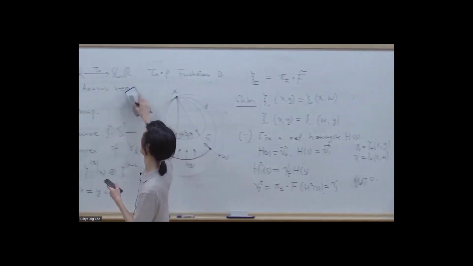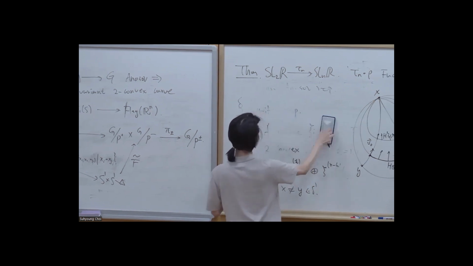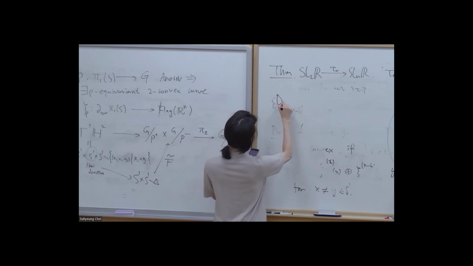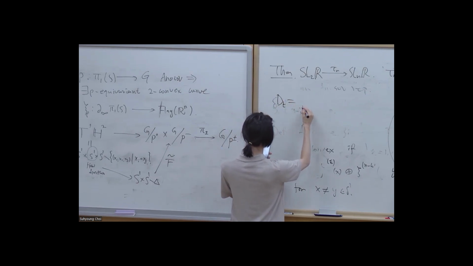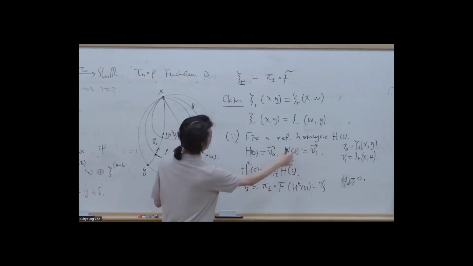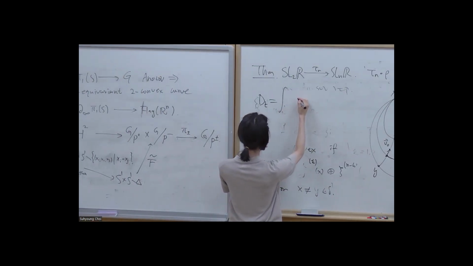Then we compute the following quantity, u of t, the length between these two points. If they are not equal, this quantity will be definitely positive.